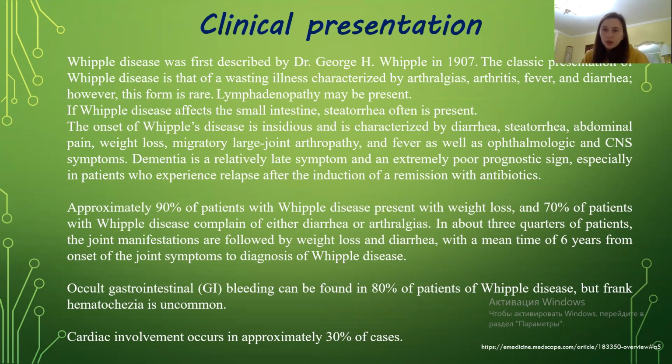Occult gastrointestinal bleeding can be found in 80% of patients, but frank hematochezia is uncommon. Cardiac involvement occurs in approximately 30% of cases.